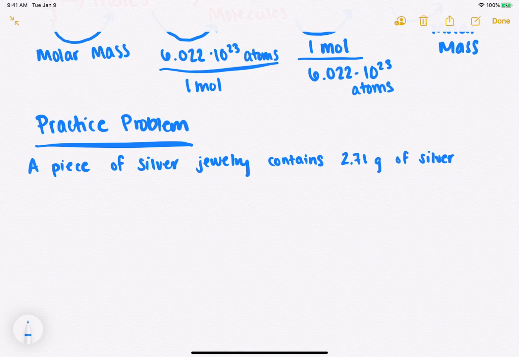And silver, remember, that's one that the chemical symbol doesn't line up with the English word for silver. So the chemical silver symbol is Ag. How many silver atoms does it contain?